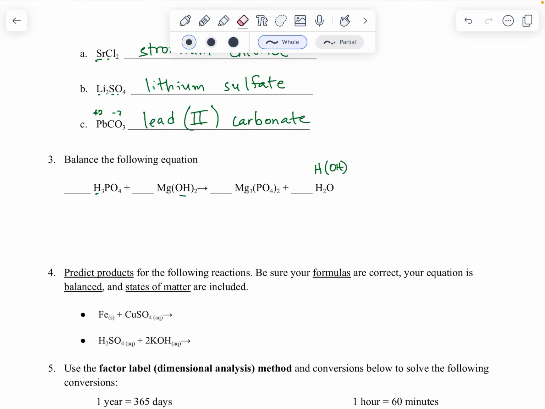And now that's because that'll help me balance the H in the front with the acid's hydrogen, and then the OH in the back with the base's OH, right? So that's kind of why we do that. So it makes it a little bit easier.